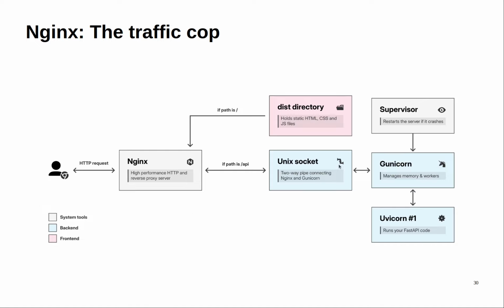So that's why here we use Unix sockets, and you can see on the other side we have just the static files. If we have a request to an endpoint that doesn't start with /api, we will go here, we will fetch the static files, which are HTML, CSS, and JavaScript, and the browser can display that. So that's why we need Nginx.